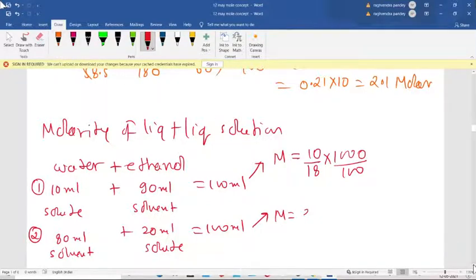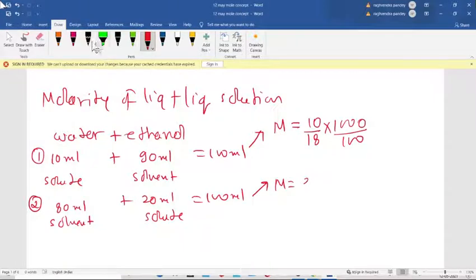The density of ethanol, C2H5OH, is around 0.8 gram per ml. That is your density.